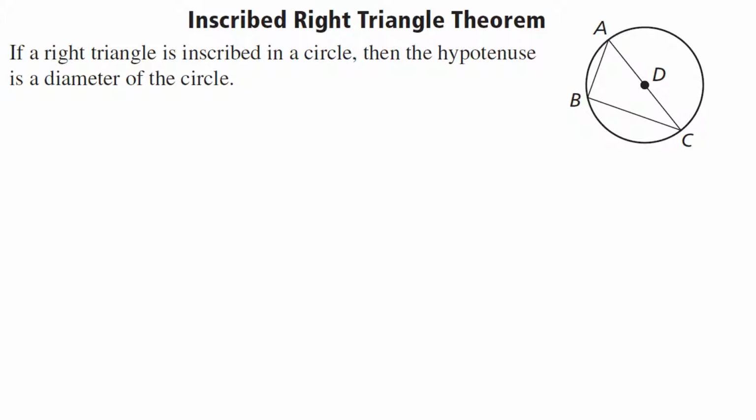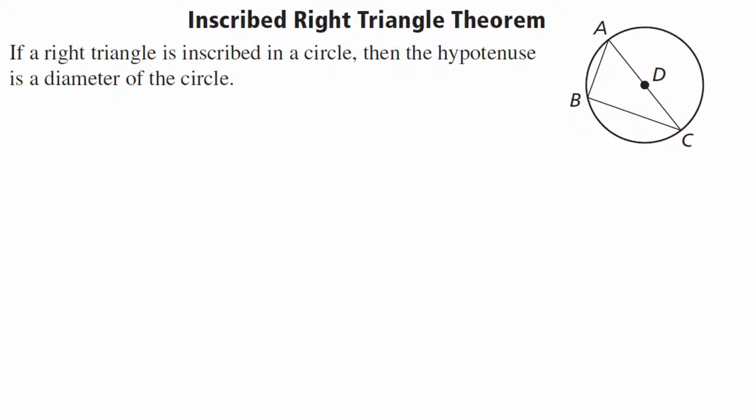If we have a right triangle, the hypotenuse is a diameter. If angle B is 90 degrees, we know the arc that subtends it has to be double. Double 90 degrees is 180 degrees. That's half a circle, a semicircle. So the hypotenuse has to be a diameter.